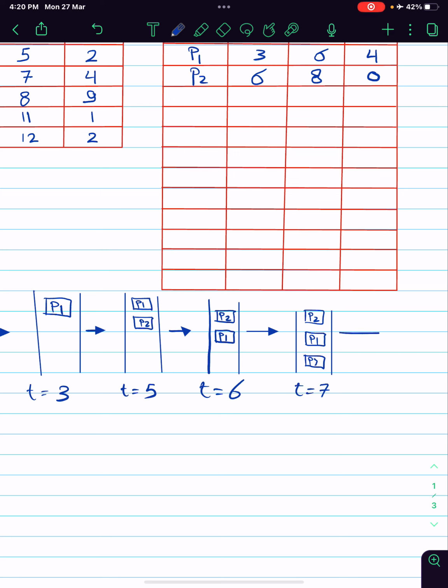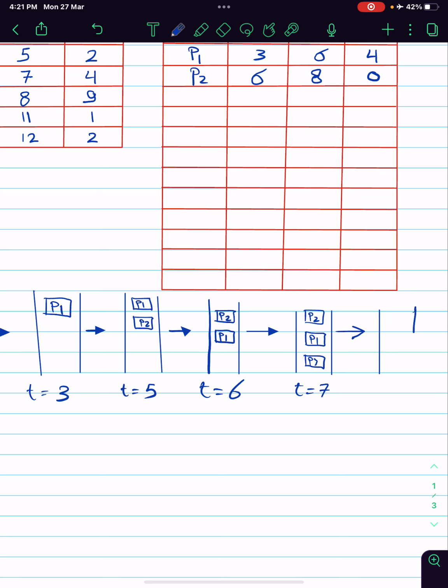And then at time 8, two things happen. Look at that. The first one is that P2 will finish execution, and the second one is the arrival of P4.